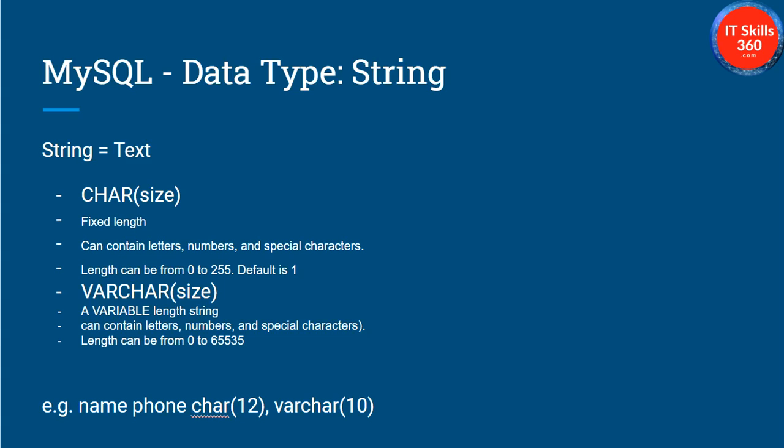Now, the fixed length character type can contain letters, numbers, special characters, any type of text that you can store there. So it is not restricting anything on that side. And the length can be from 0 to 255, and of course the default is at least one character should be there. So you can have a max of 255.